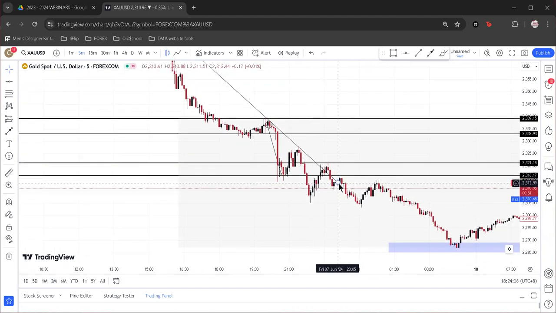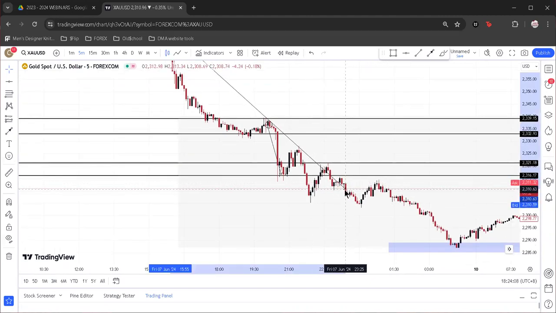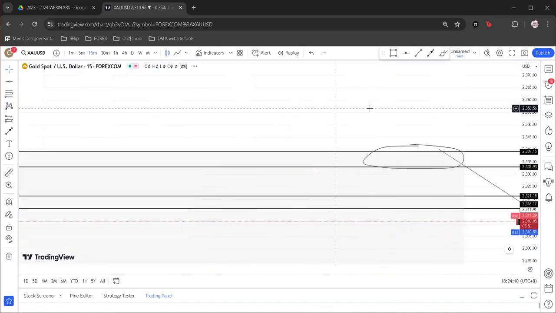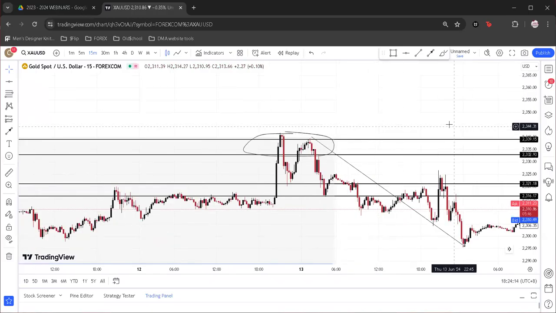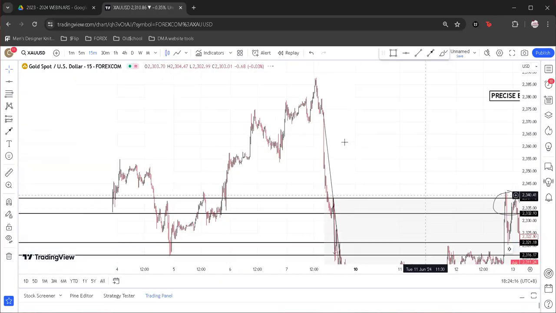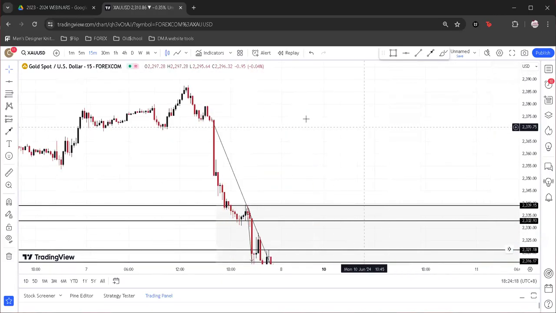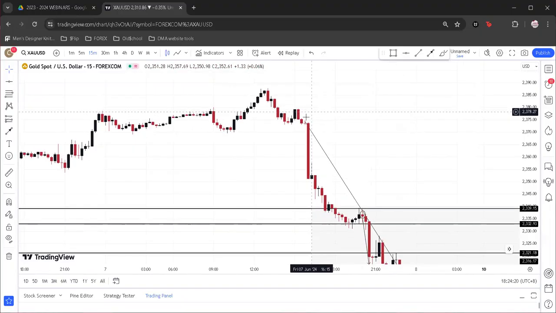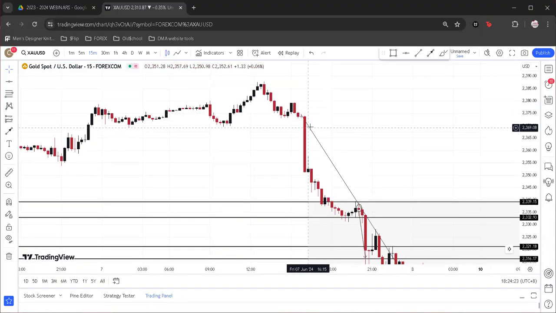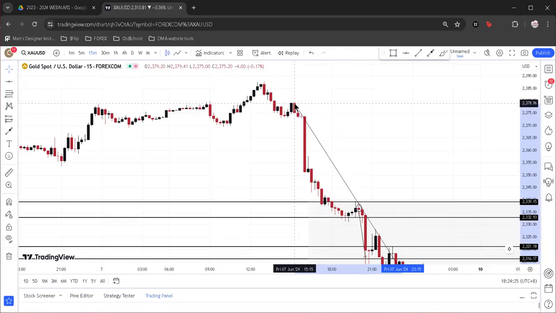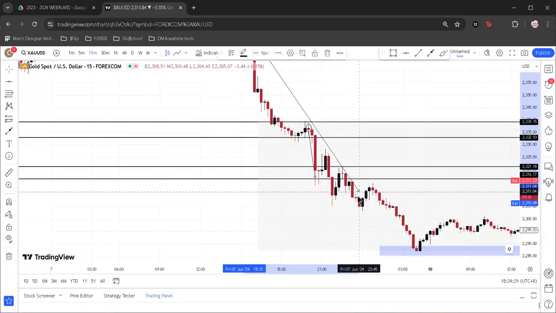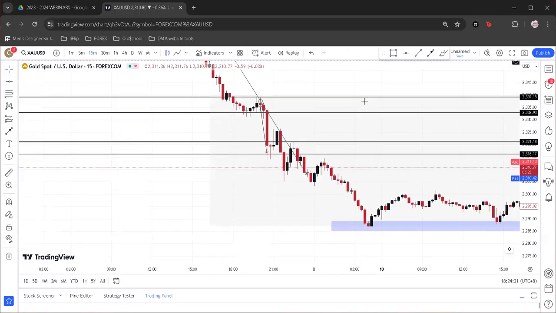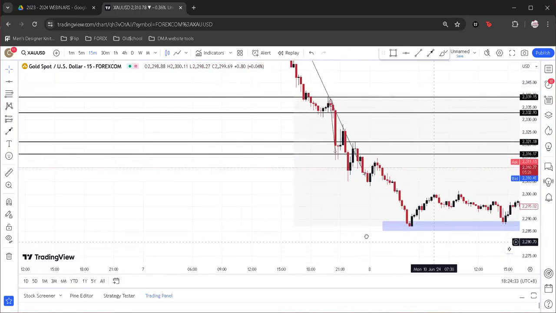But this is the lower time frame M15, M5 trend line. On the M5, you can see that the trend line started from there. And here, on the M15, it started here. And then it's still respecting the trend line until it reached this supporting zone.